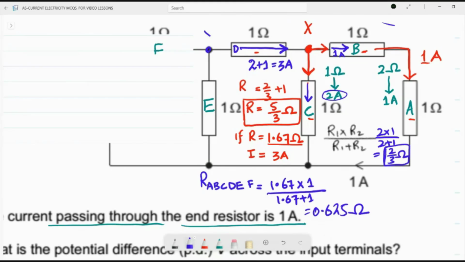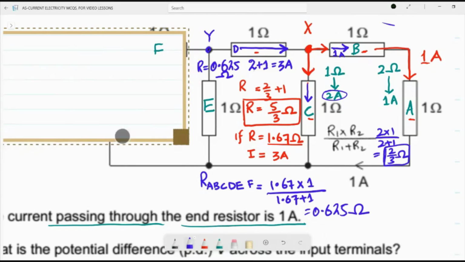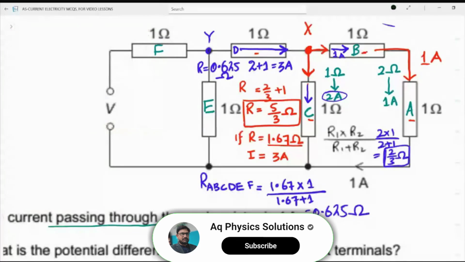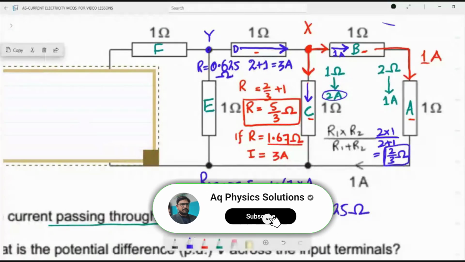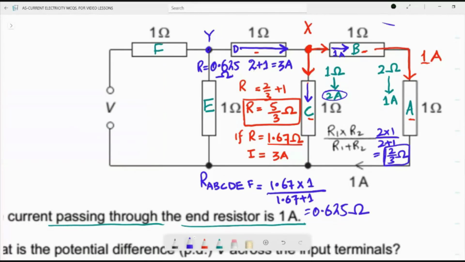This is, let's say, junction Y. So till here, R equivalent is 0.625 ohm. Now, a very important point: I'm going to release this cover, because there is no need of it.